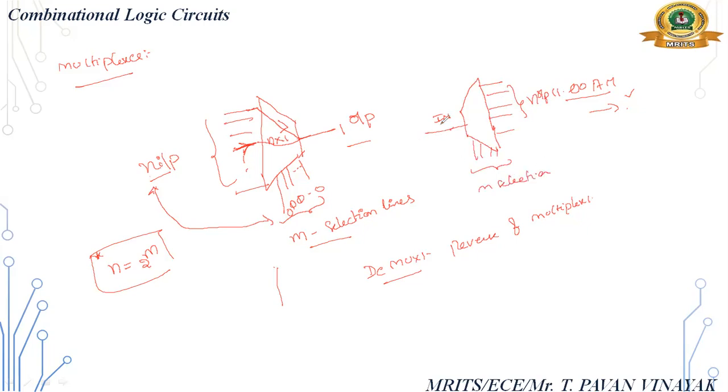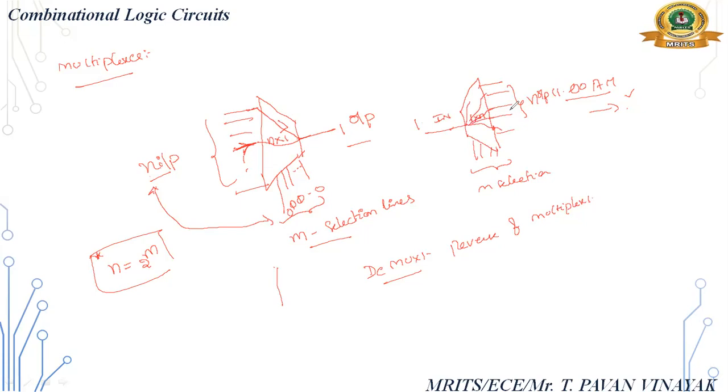One input, n outputs, so the representation is 1 by n. It is just the reverse of the multiplexer operation. Based on the selection lines, the input goes to an output.